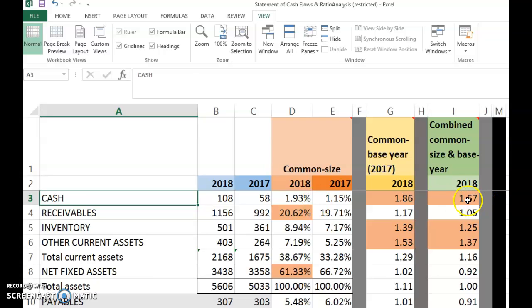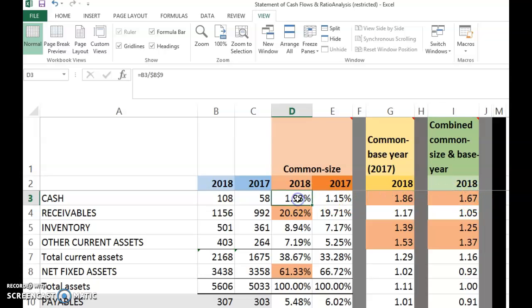So it means here that cash as a proportion of total assets in the year 2018 is 1.67 times that cash as a proportion of total assets value in the base year, which is 2017. So here it means that as a proportion of total assets, cash has increased by 67% compared to the base year.